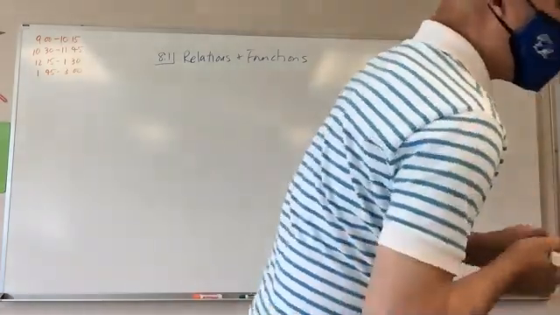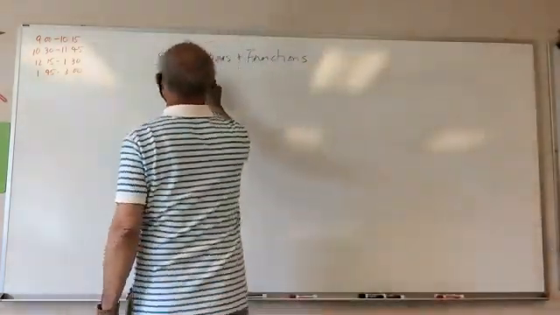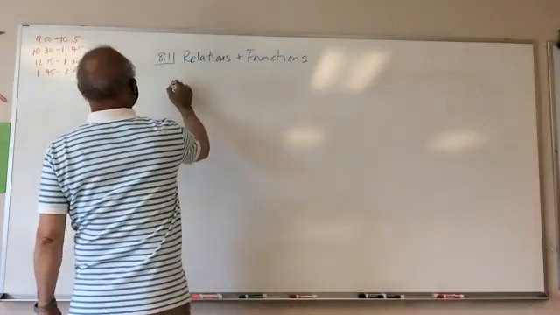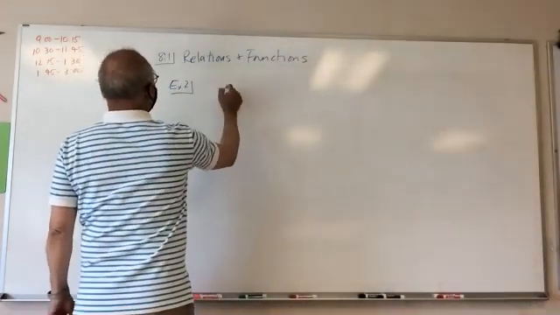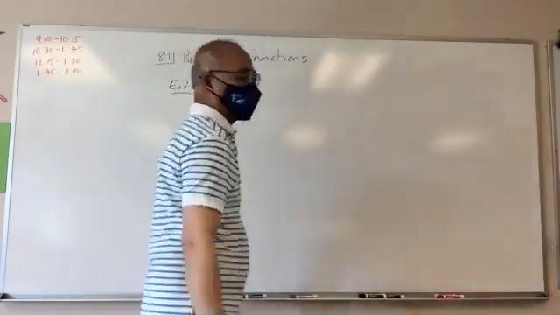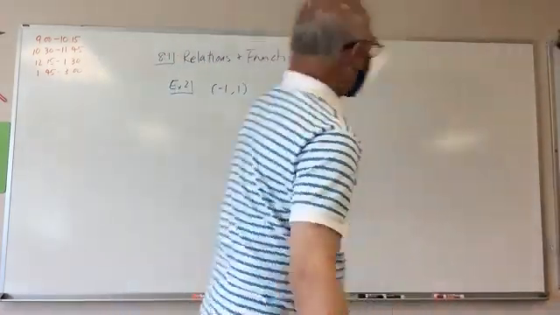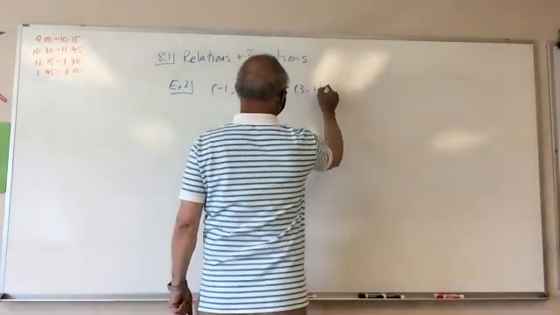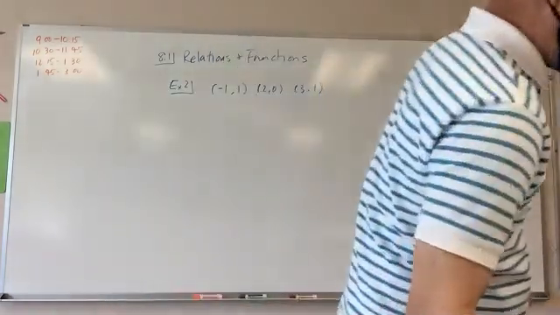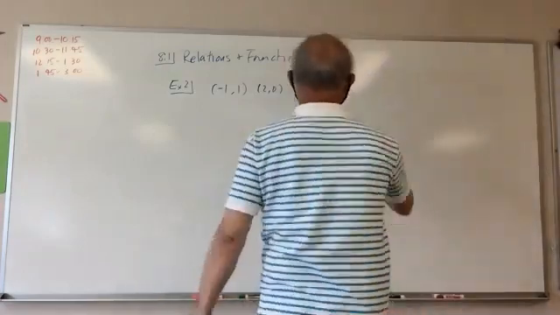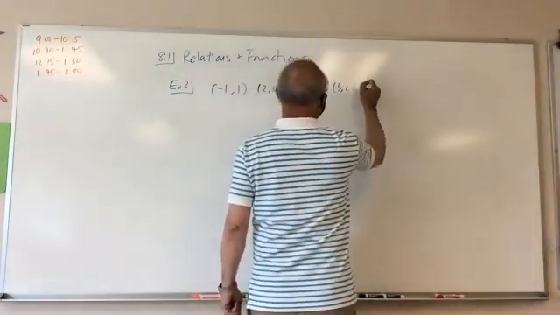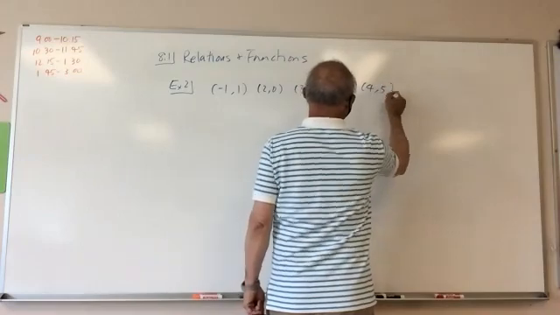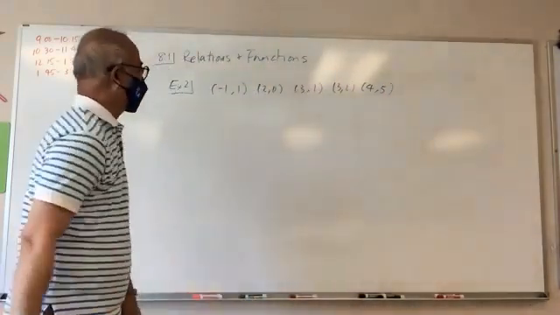I have -1, 1, 2, 0, 3, 1, and then 3, 2, 4, 5. Let's go ahead and map it first.